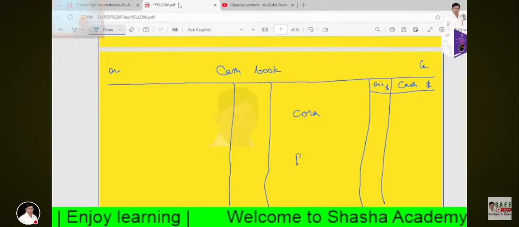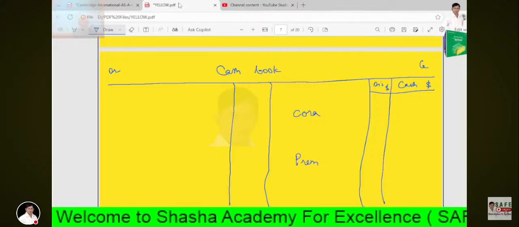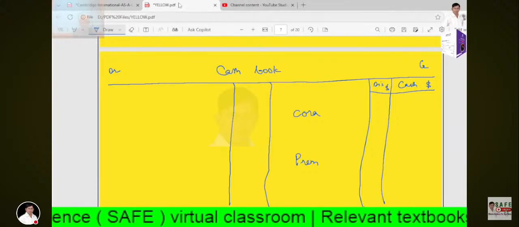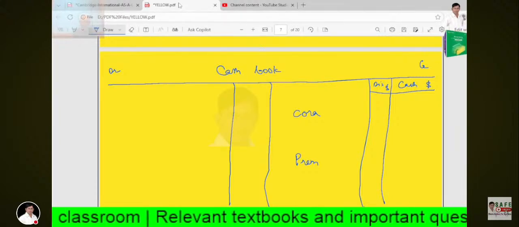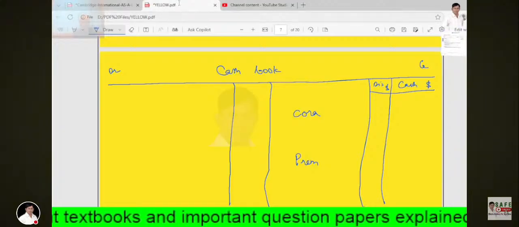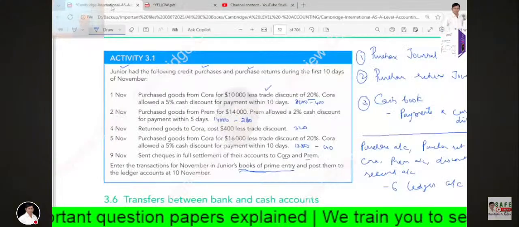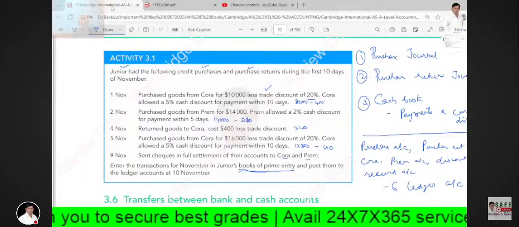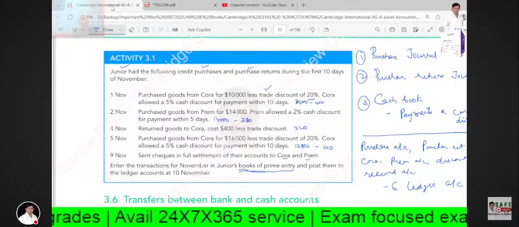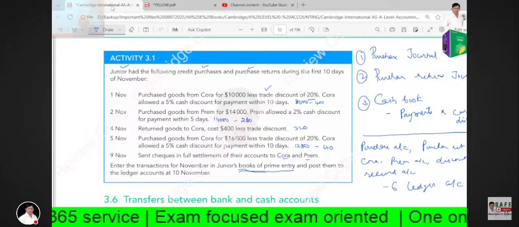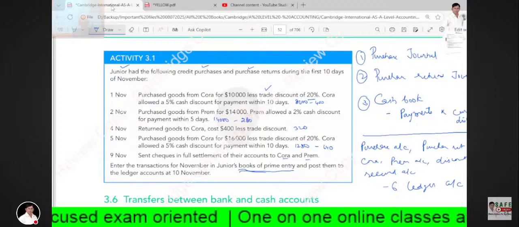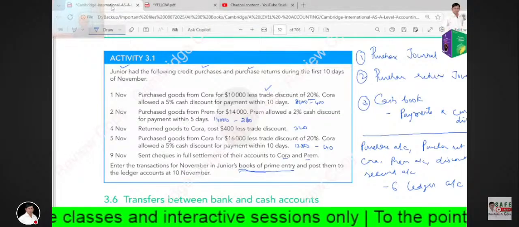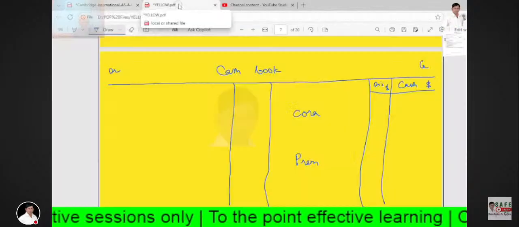But here we need to calculate. What are the transactions you have done with Cora? You have purchased, you have returned, again you have purchased, returned.